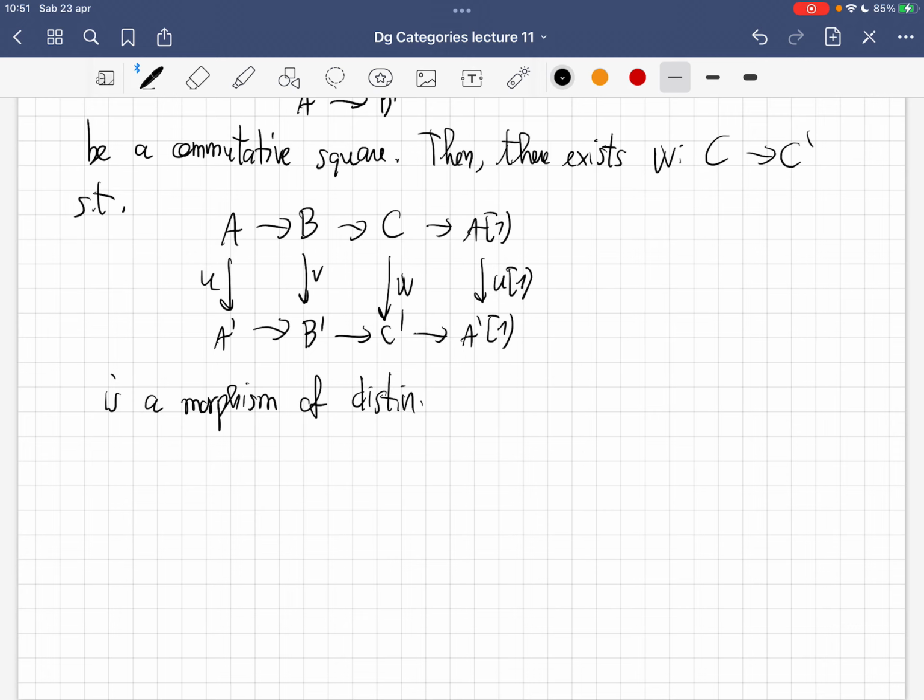I mean, just a commutative diagram. Okay, good, very good.